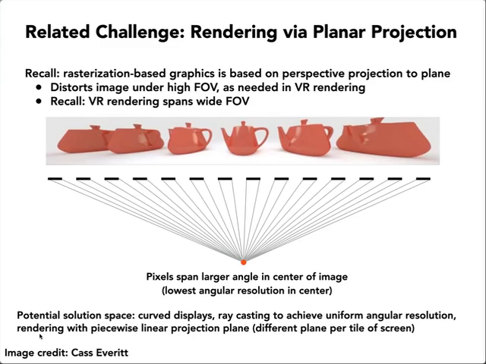Another approach might be to render the world not with one projective transform and one plane in the world being projected down, but with piecewise linear projection planes. You break up the large angular field of view into multiple portions and render each separately with a different projection matrix tuned for it, in order to minimize this kind of distortion loss.